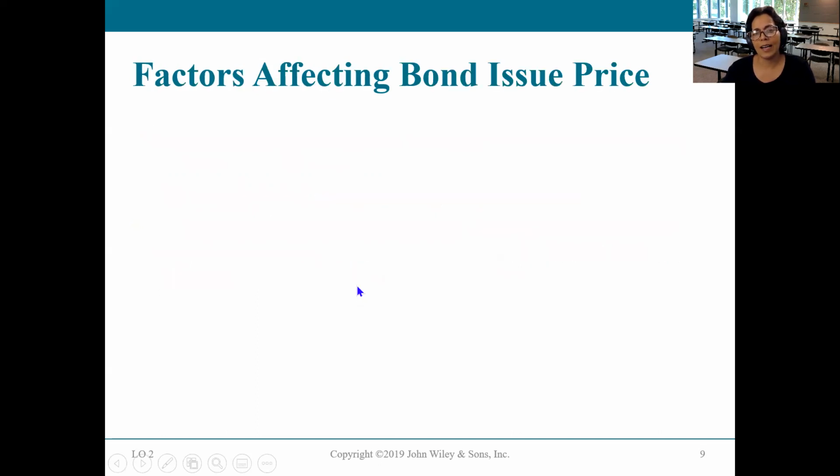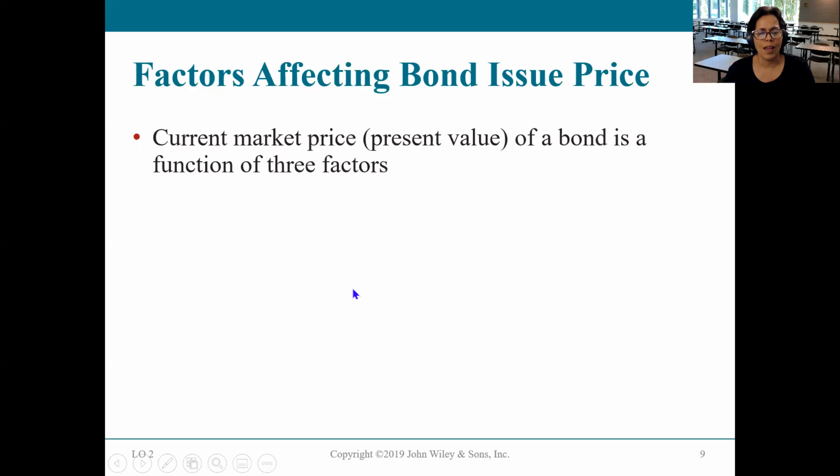So what are some of the factors that affect the bond issue price? If you recall a few minutes earlier, I said the amount of money that's going to be repaid, that principal amount, may not be what I get right now. So let's take a look at the factors that could affect the bond issue price. At the time the company is issuing the bonds, the market rates may be different, and that is going to cause my bond issue price to be higher or lower than the face value.